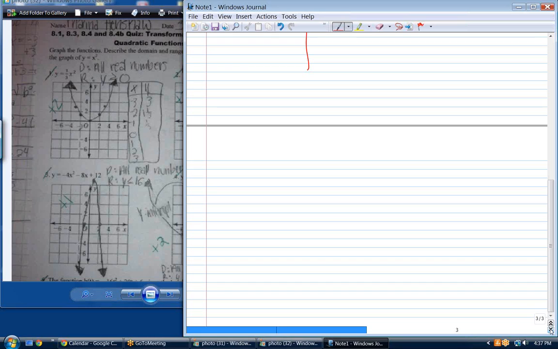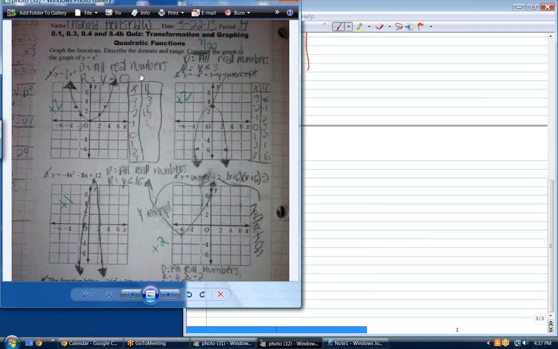Number 1. Oh, we didn't describe, oh, the domain was all real, and the range was y greater than or equal to 0. Did we lose points here, or is that plus 2? Well, it says I got 2 points, but it says it's not completely right still. How many points would you get if you got it all right?